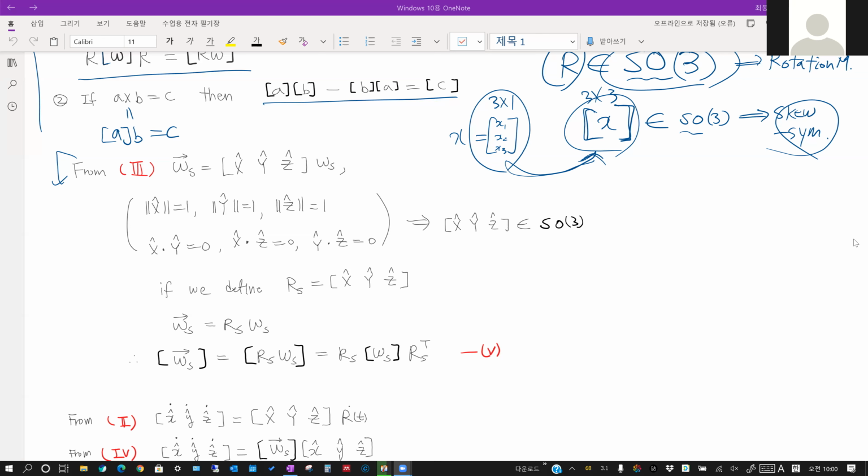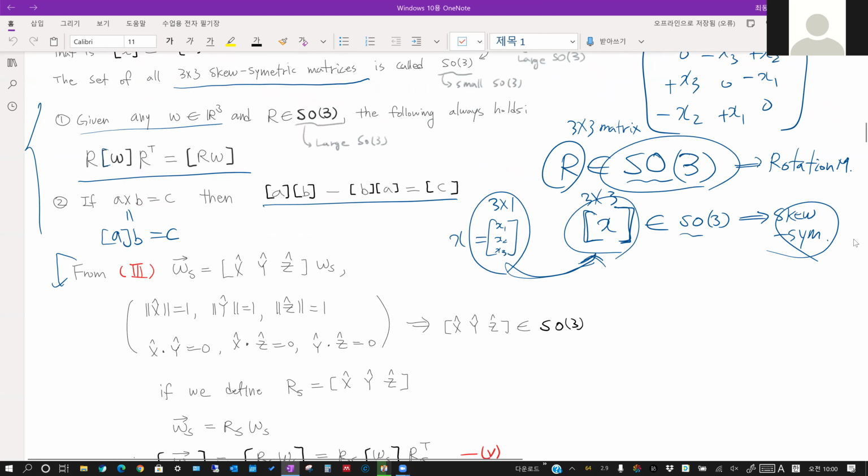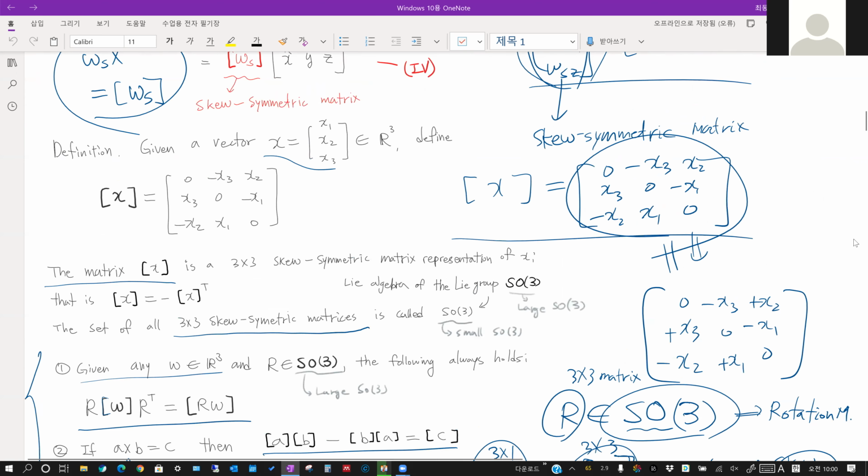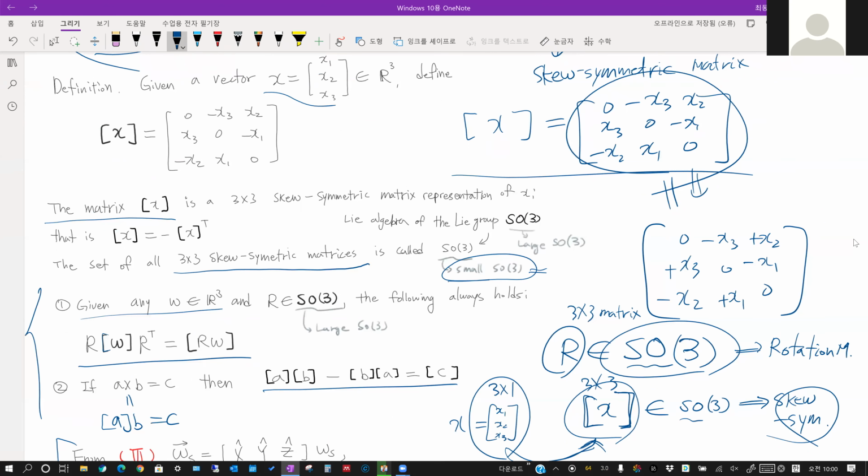Okay, in the last class we learned about the small so(3). The small so(3) is exactly the same as the skew symmetric matrix. Originally the skew symmetric matrix is generated from a vector.